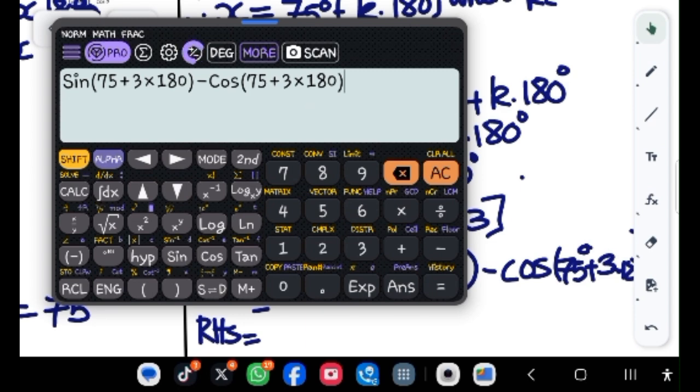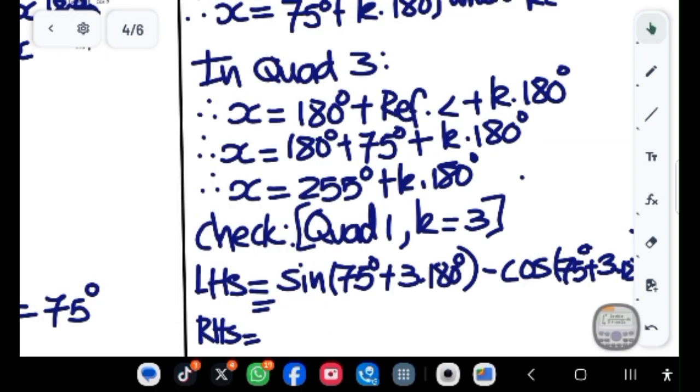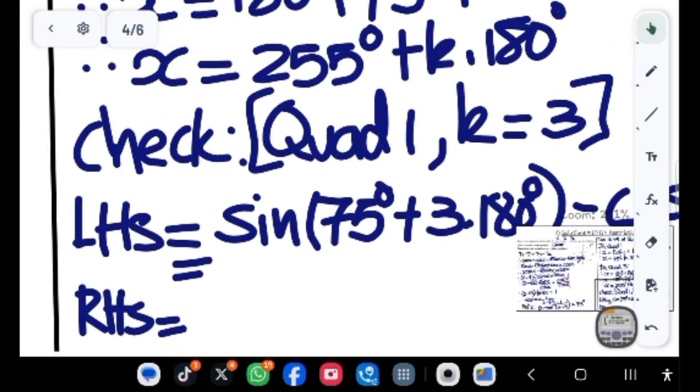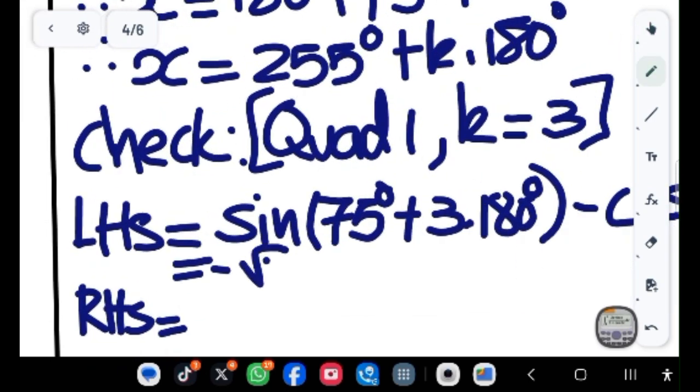Let's see if we can use the S2D button. That gives us negative square root of 2 over 2.